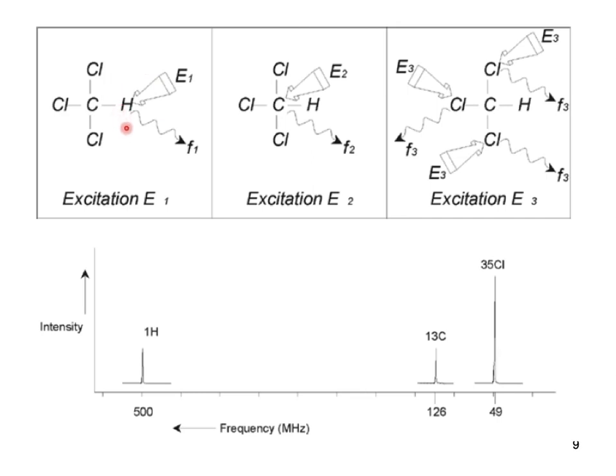In order to get information about hydrogen, it needs a different frequency under radio frequency radiation. For chlorine, it requires another, different frequency. For activation of carbon, it requires a different frequency. That's why in the spectrum we get different peaks for different nuclei.